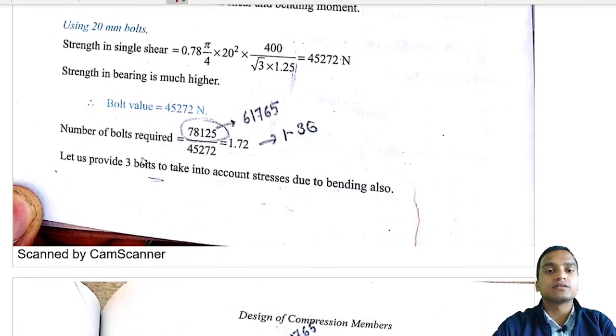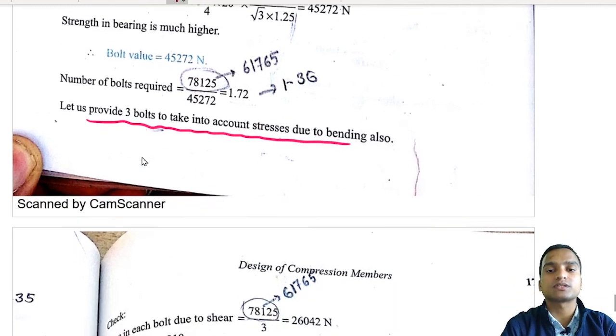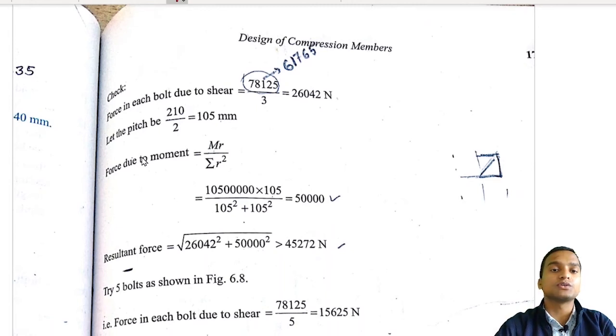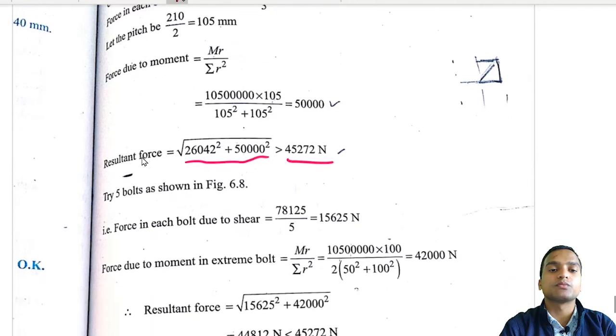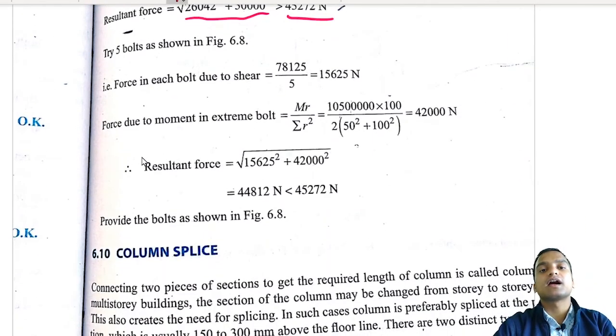So we divide the load that is going to come on each batten by the strength of one bolt, and we round it off so that we are going to provide 3 bolts to take into account the stresses due to bending also, and forces in each bolt are calculated due to shear and due to moment, and resultant force is calculated, and it should be less than the design strength of the bolt. So that's why we have done these calculations.